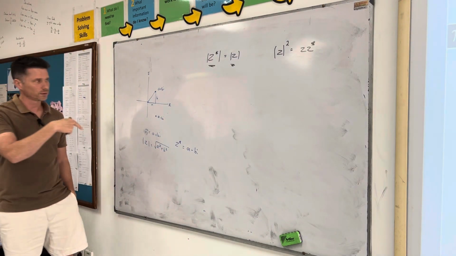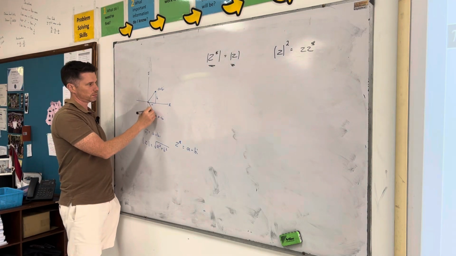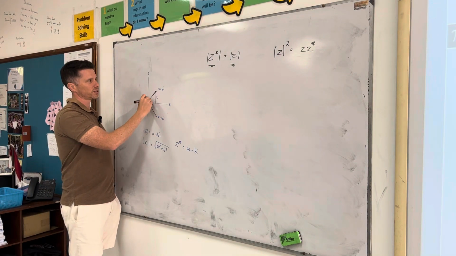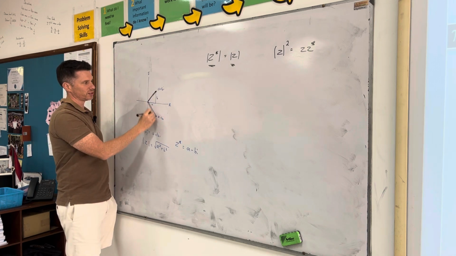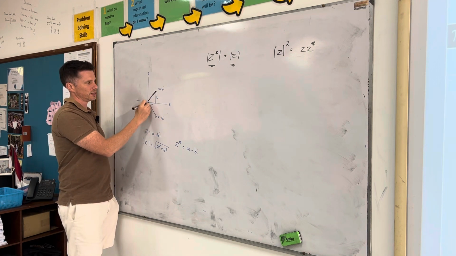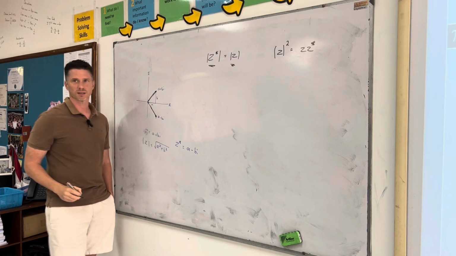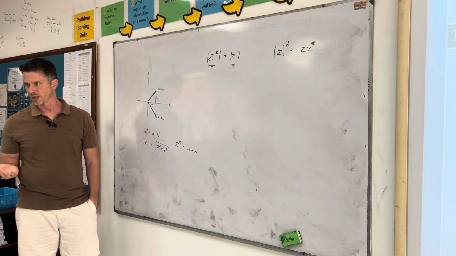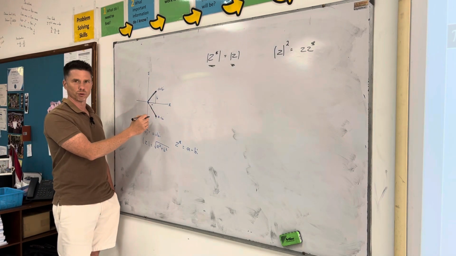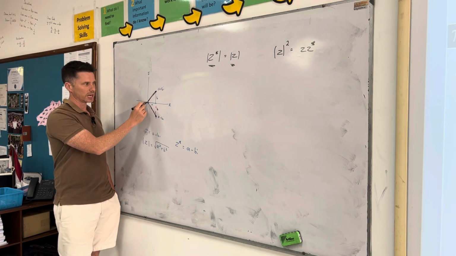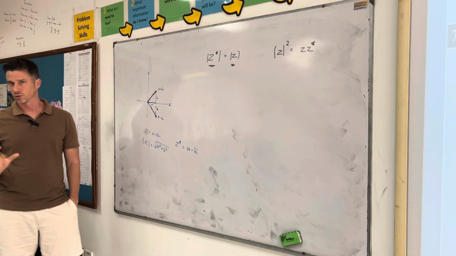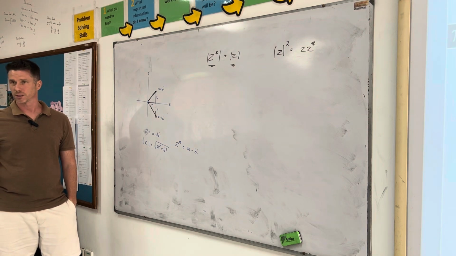Looking at our diagram, this is the modulus of a complex number, and this is the modulus of its conjugate friend. They should be the same length, because it's just a reflection. b has not changed in length, and a is the same for both. So geometrically, they should be the same.